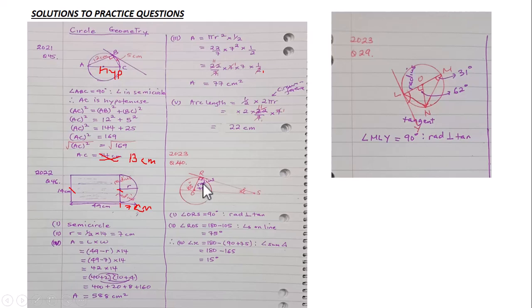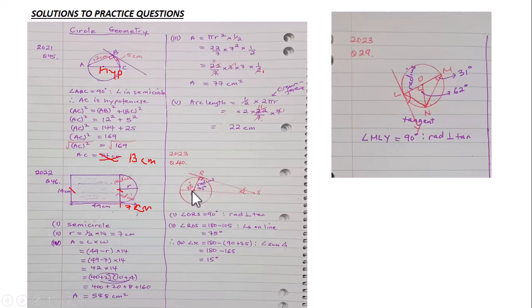Here it is, that's the 90-degree angle. So one angle in the triangle is already found. Now this angle is 105 degrees, and it forms a straight line angle with the other angle inside the triangle, ROS.